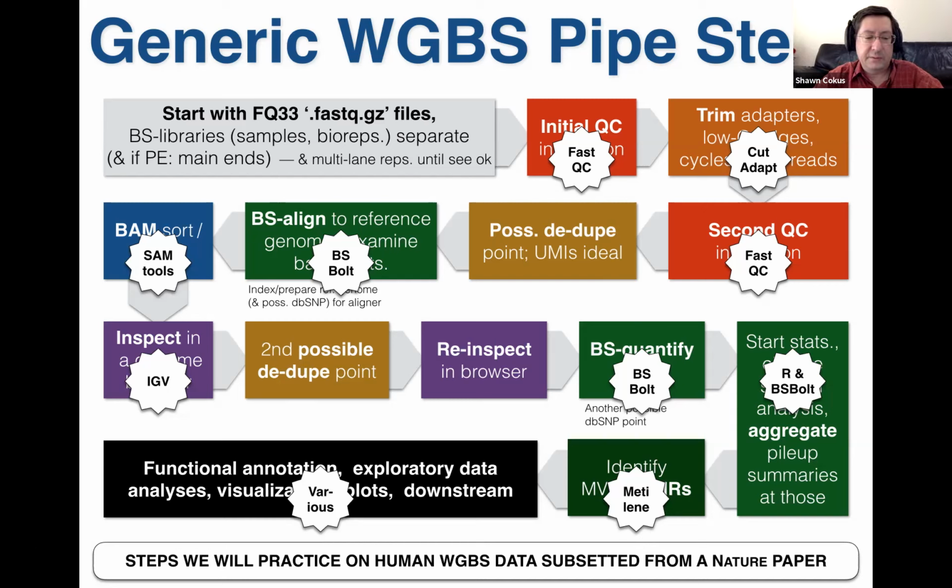The data that we will use hands-on here in the workshop is some human WGBS data from several years ago that I took from a Nature paper. It's been cut down a lot, because the file sizes would otherwise be gigantic and take too long. The paper goes through 40 samples or something.